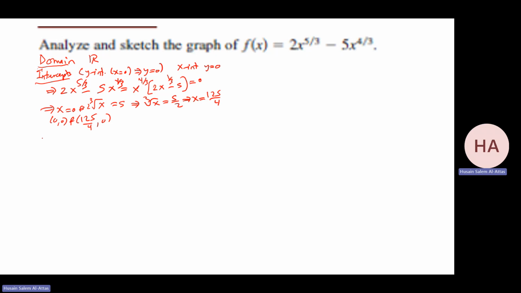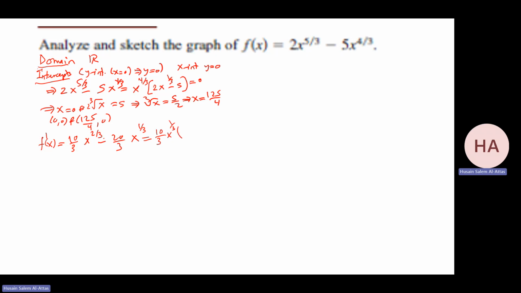Okay, so we'll deal with f prime. What will be f prime? F prime will be 10 over 3 x to the power 2 over 3 minus 20 over 3 x to the power 1 over 3 minus 1, which is 10 over 3 x to the power 1 over 3, a common factor.